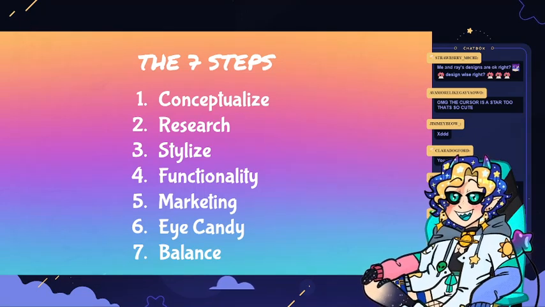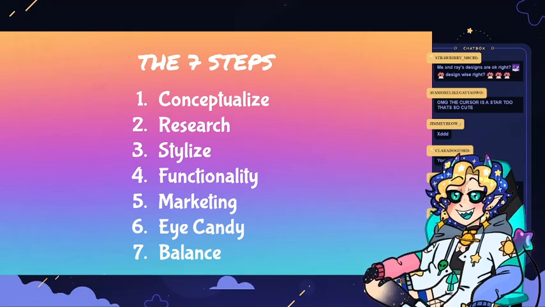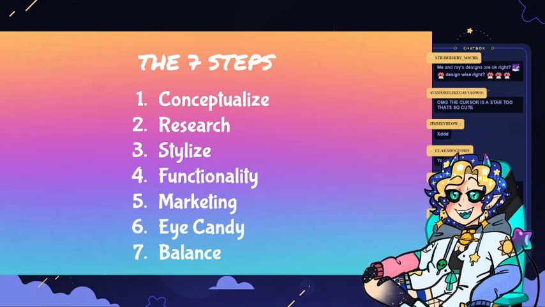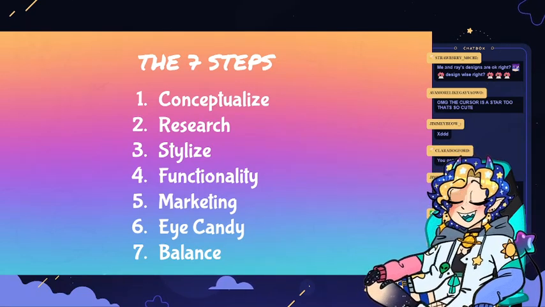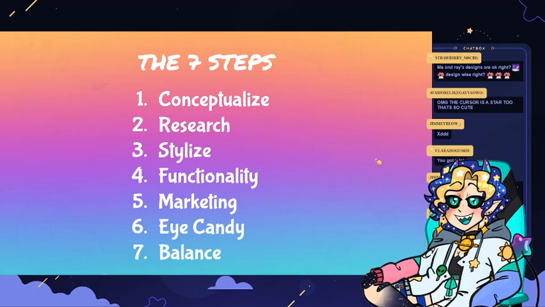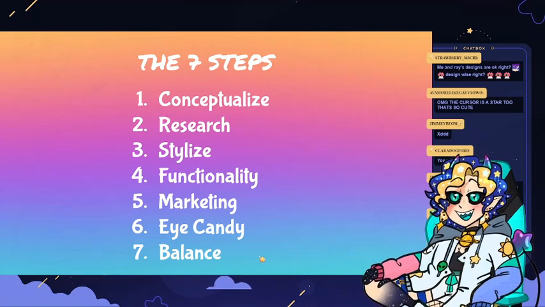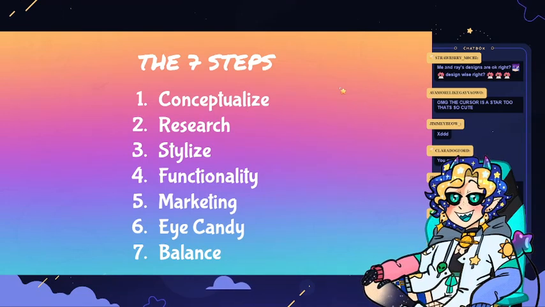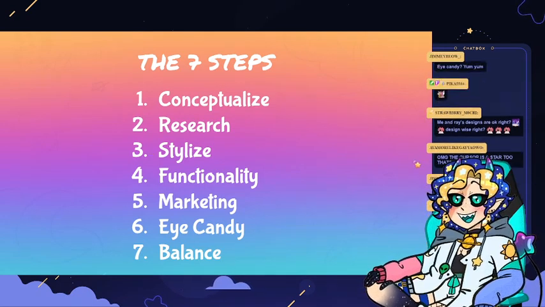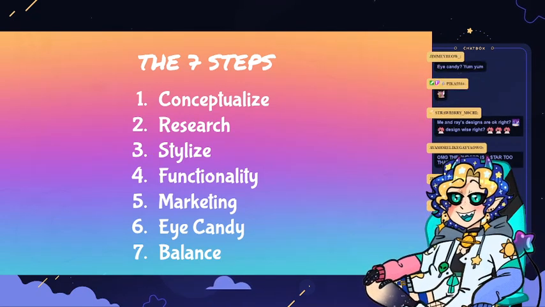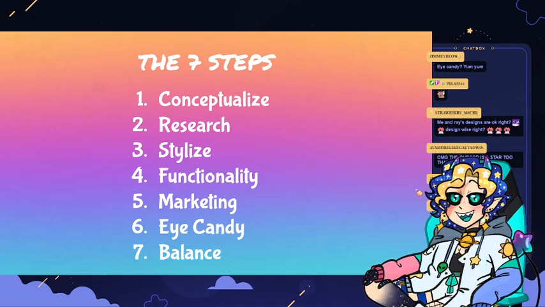And step 7, balance. These aren't verbs, which I feel like they should be when you have steps, but they're just names because they're kind of ideas rather than actual solid things. Yeah, it's called eye candy. Originally that step was called "my eyes, they burn," but that was a bit long.